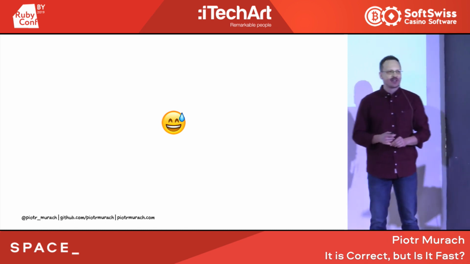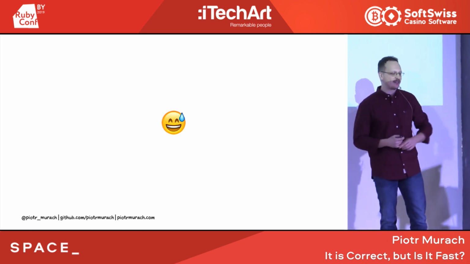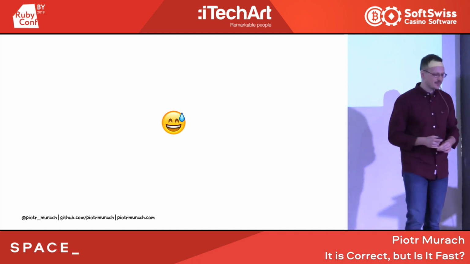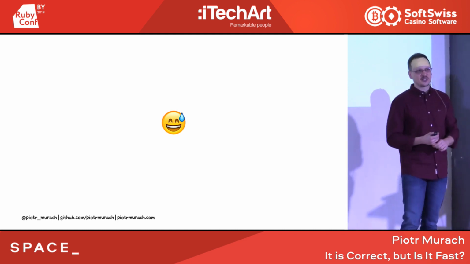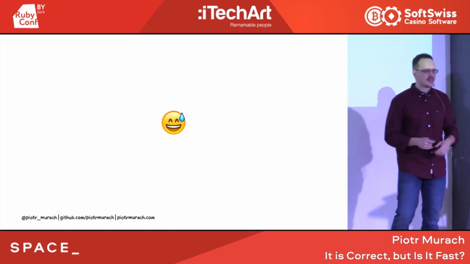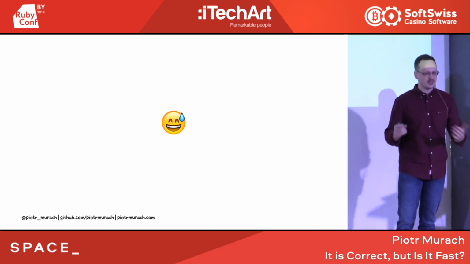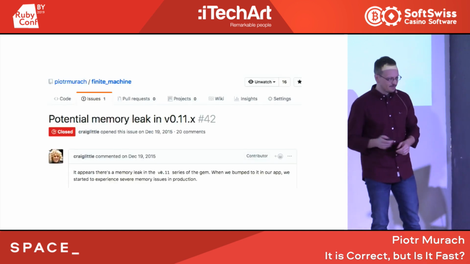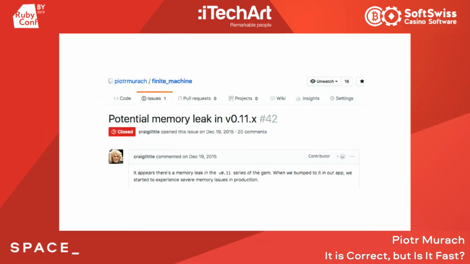One day, I decided to do a bunch of refactoring to make it more maintainable. All my unit and integration tests passed, so I decided it's time to release the new version, from 0.10.2 to 0.11. Oops.